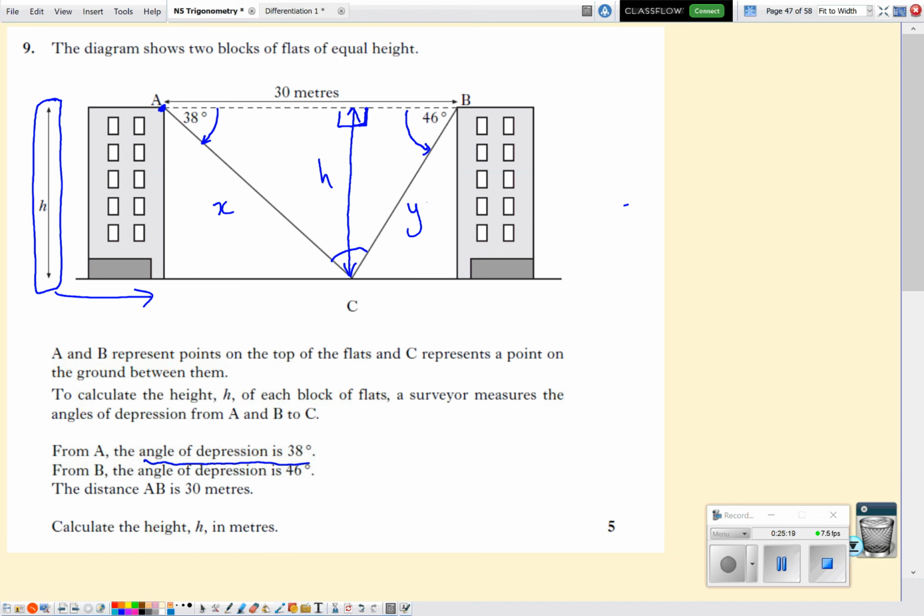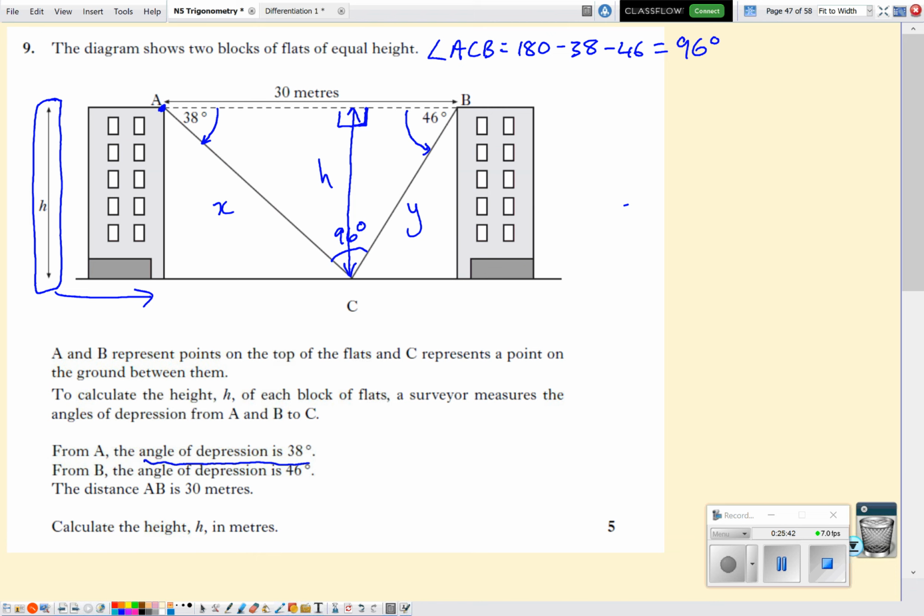Let's start with the angle at C. Angle ACB is 180 minus 38 minus 46, and we get 96 degrees. So we now know the angle at the top. Here you've got the choice.